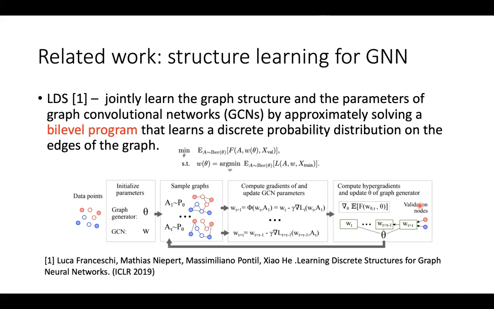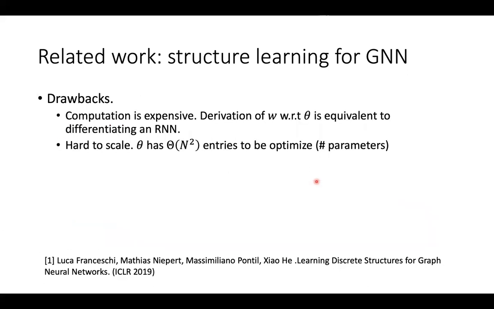It goes through W to update theta as well. These procedures go iteratively until the changes of these two parameters are below a threshold. So this is the prior work that this paper is built upon.